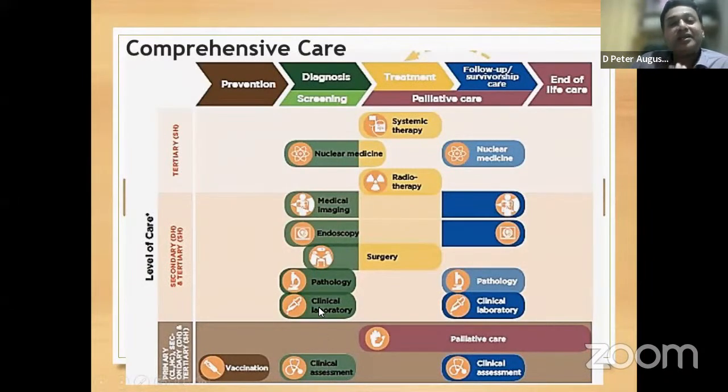When we go to the secondary level, there is the clinical laboratory, of course pathology, biopsy, then endoscopy, then medical imaging, where we have some role. Even endoscopy and pathology we can have a role in, because we have to simplify the process of this testing.